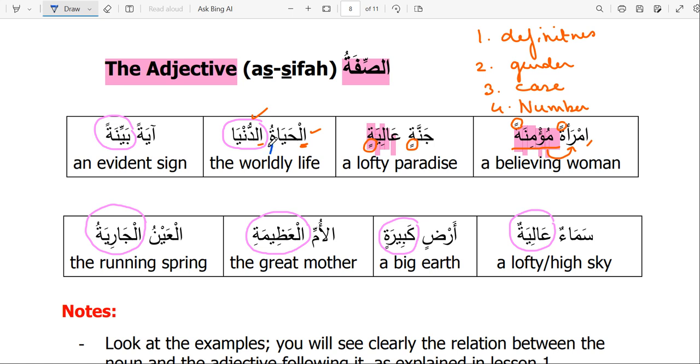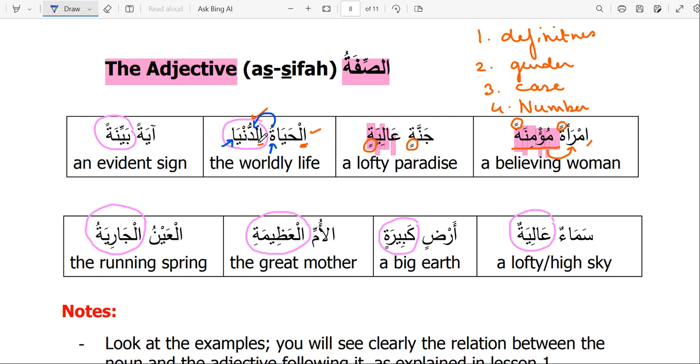Instead there is a long vowel alif. The word dunya is among the nouns which are considered feminine. Al hayatud dunya. And I'm reading it skipping the lam at tareef and going directly to the dal, because this lam is lam shamsiya, and cannot be read.